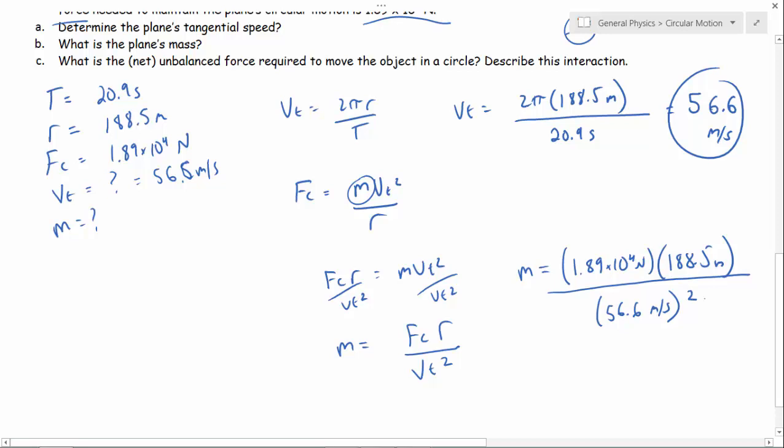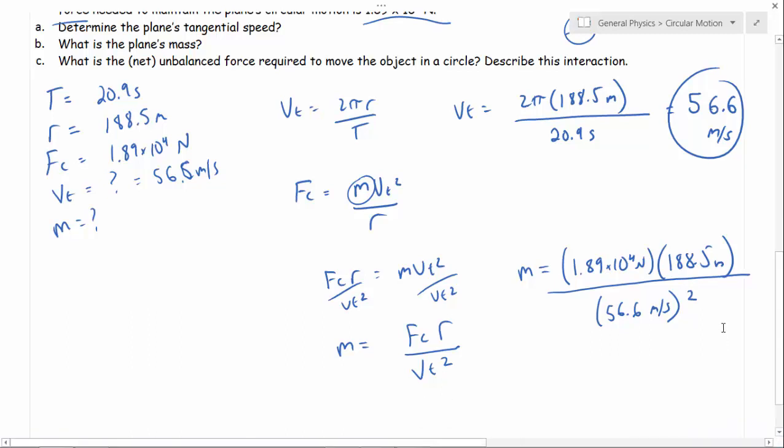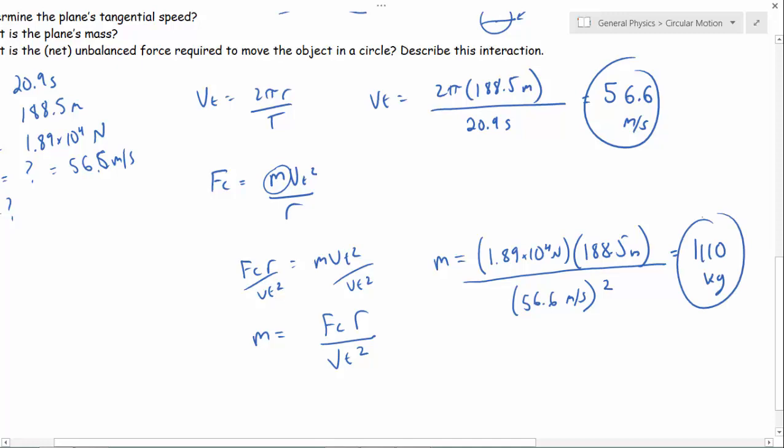When I plug that all in my calculator, we're going to get that the mass is, with 3 sig figs, 1,110 kilograms. Okay, very nice.